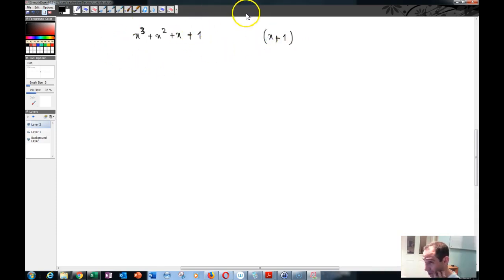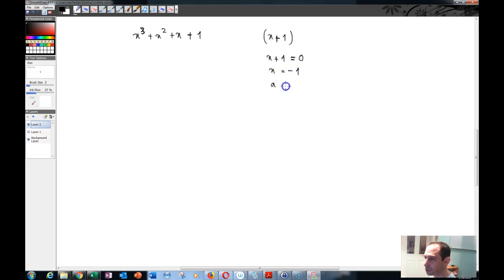So the way that you can decide that is that the root of basically the root of this x plus 1 is equal to 0. The root of this polynomial equation is x is equal to negative 1.